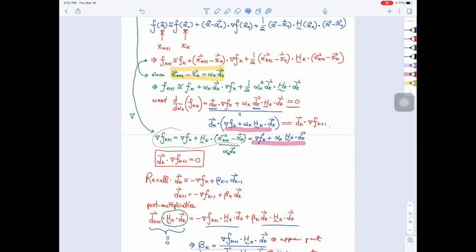So since we have this, we can also plug in. Now what do we have? Alpha k, gradient f k plus 1.